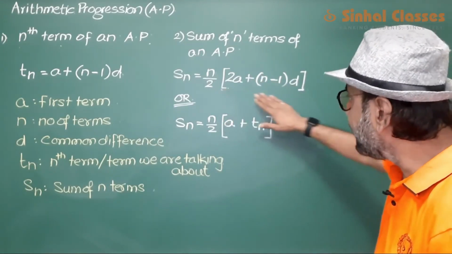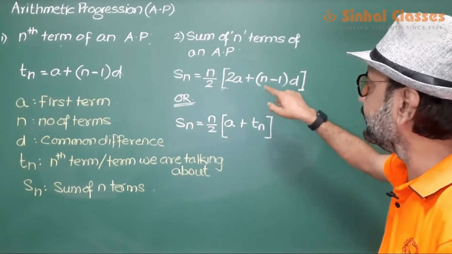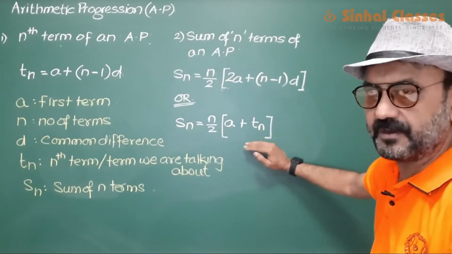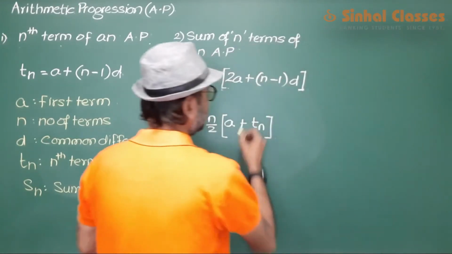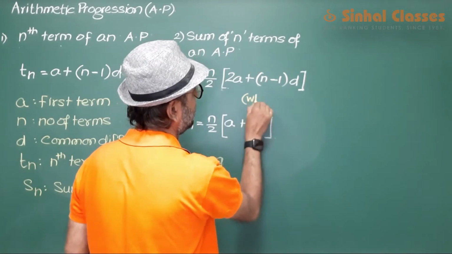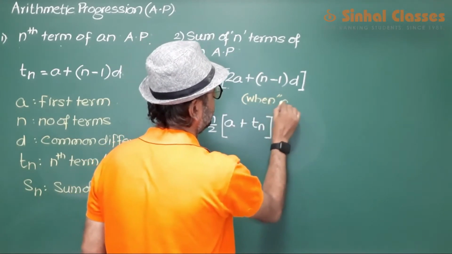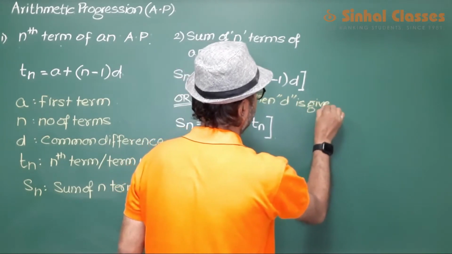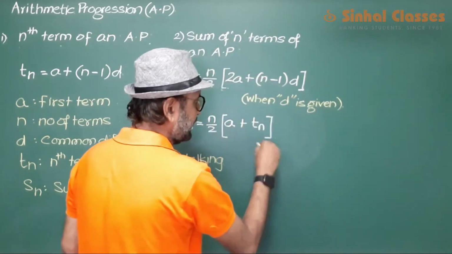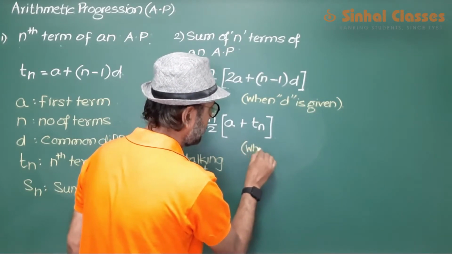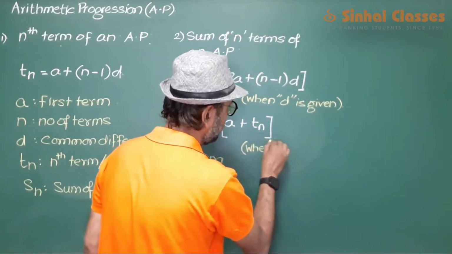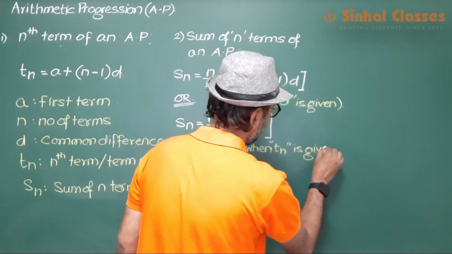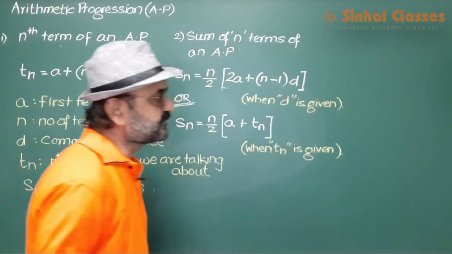What happens is, when the value of d is given, use this formula. When Tn is given, use this formula.